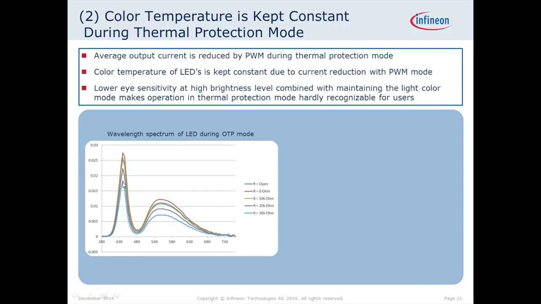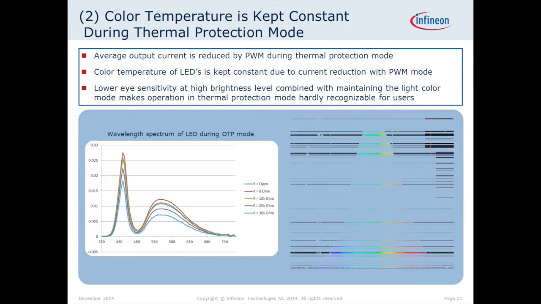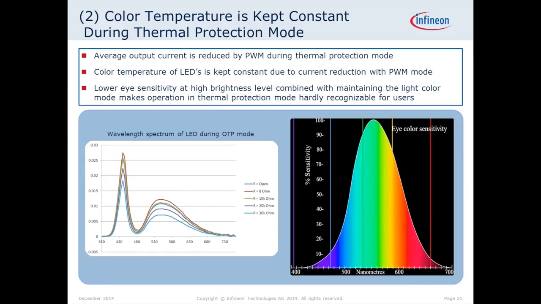You can see the wavelength range remains absolutely the same when you dim down with this PWM methodology, and that means there's no change in light color, meaning where the eye is sensitive, basically there's no change.